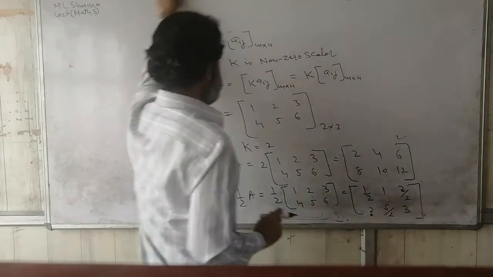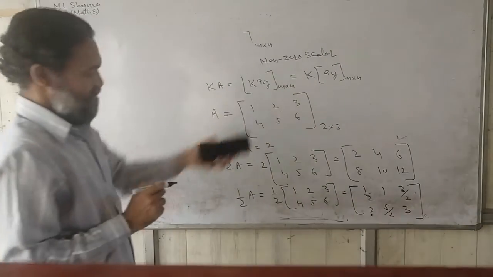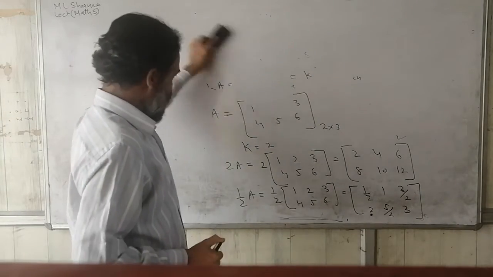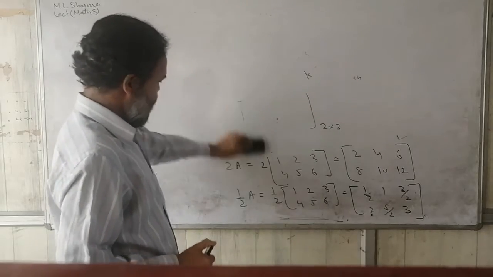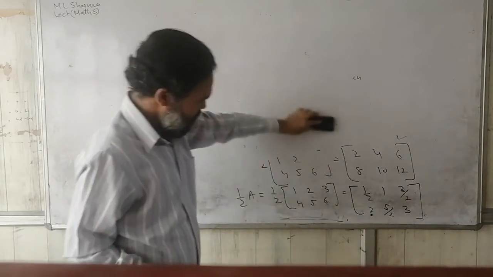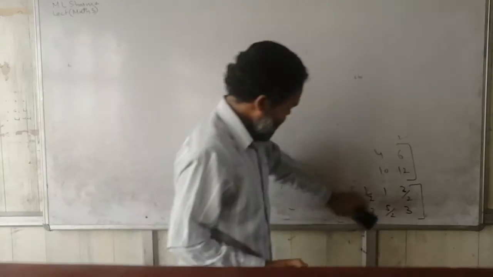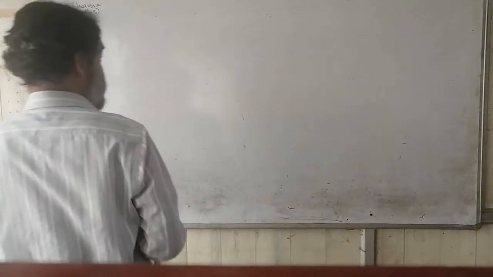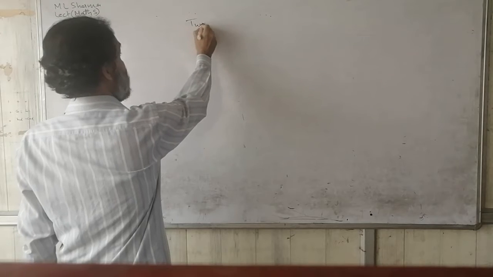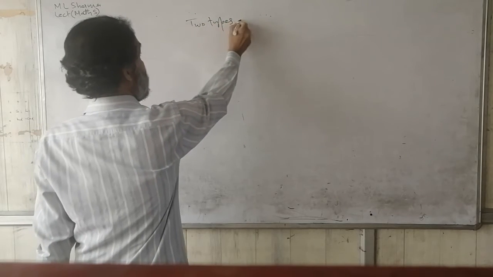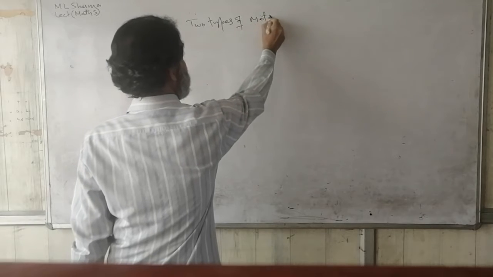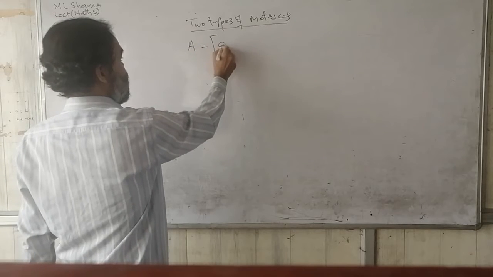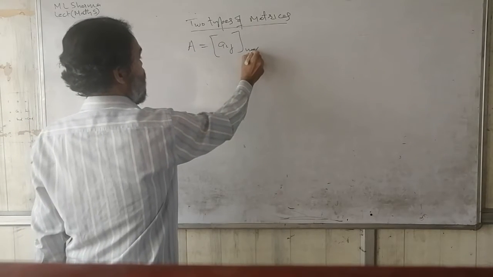So next we have mainly two types of matrices. One is called a square matrix and the other is called a rectangular matrix. So there are two main types of matrices. Suppose I write A equal to m into n.